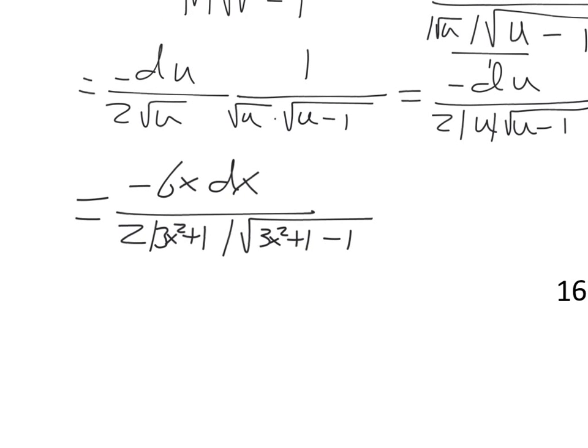First of all, I see that these could cancel out to give me a negative 3. So on the top, I would have negative 3x dx. And then in the denominator, I'm going to have absolute value of 3x squared plus 1, absolute value. And then this is just 1 minus 1.